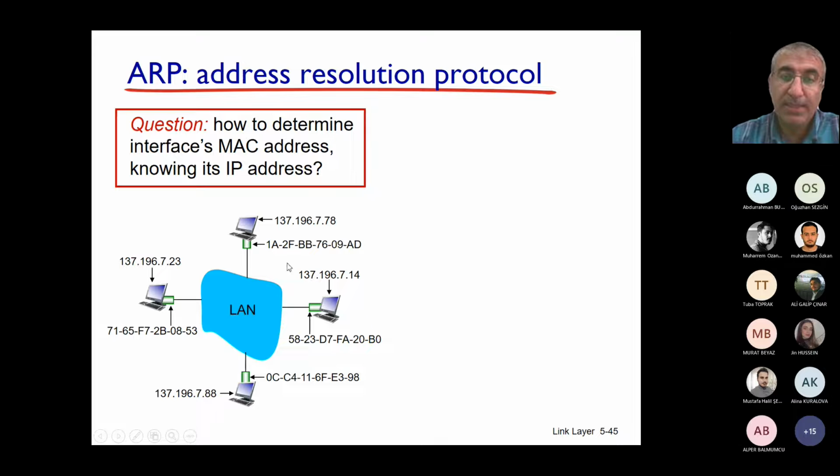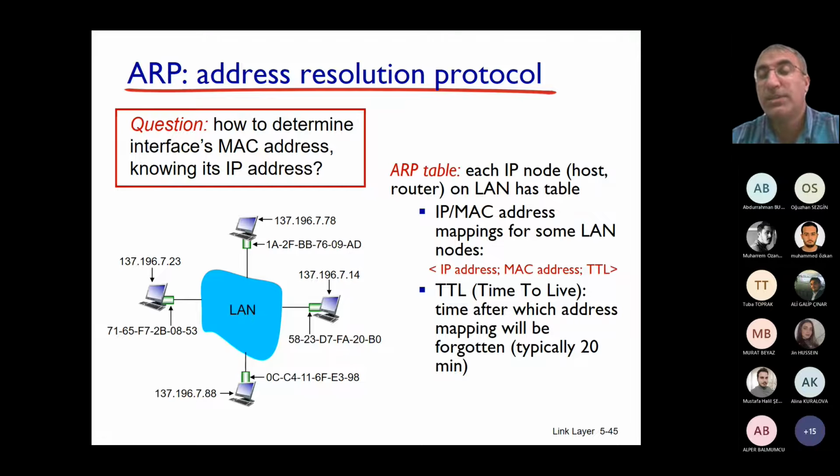You see that the IP address is 137.196.7.78, but the MAC address is given by 1A2FBB7609AD. The answer is using ARP.